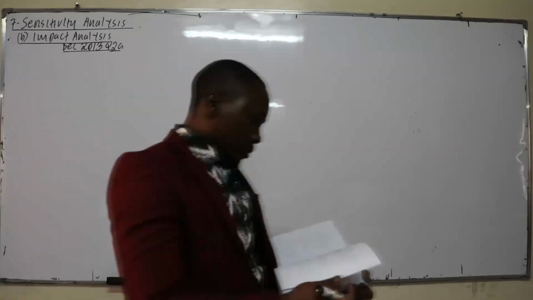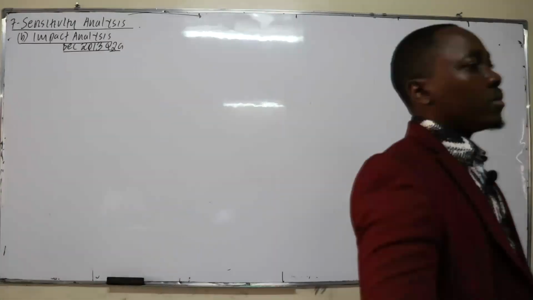We did that question. R Limited is considering a project with the following cash flows. That's 2A. So we have the 2 years, we have the cost of the plant, running cost, then we have savings.